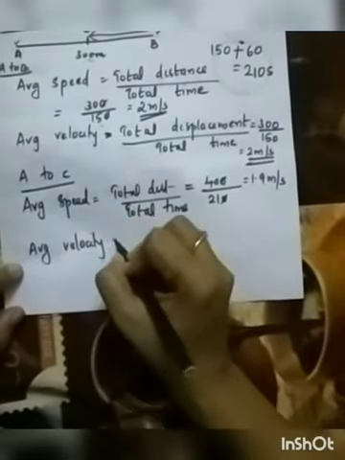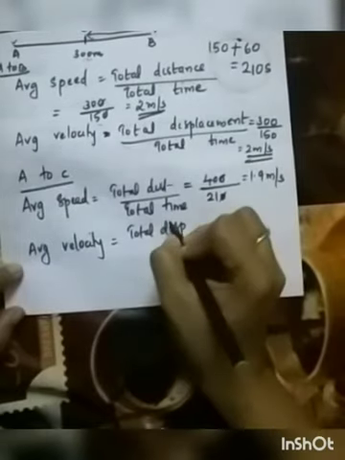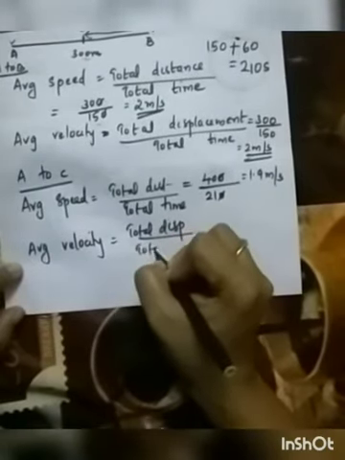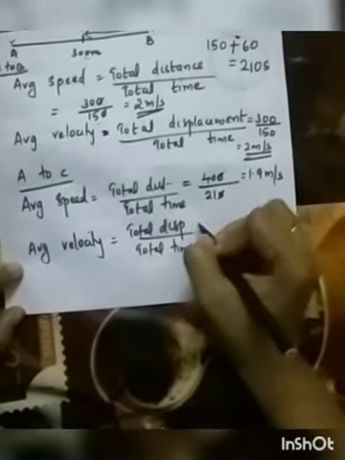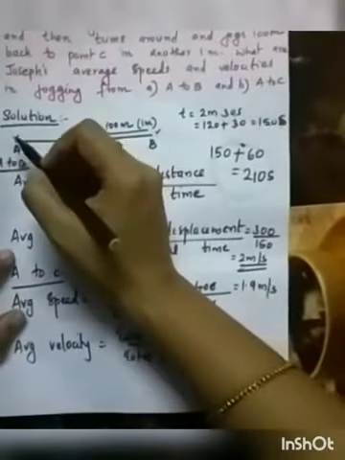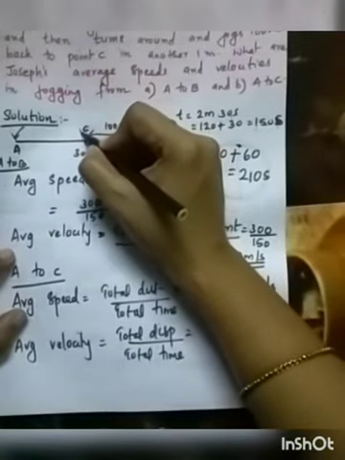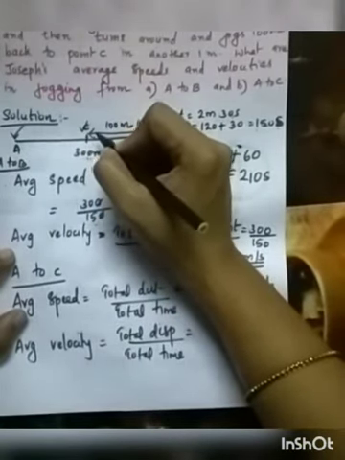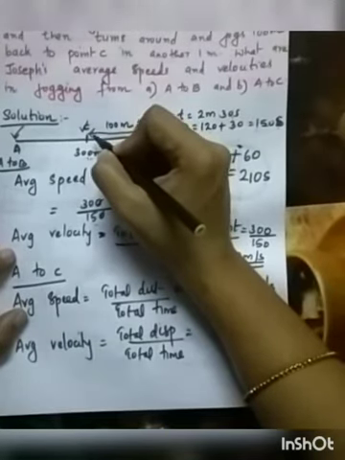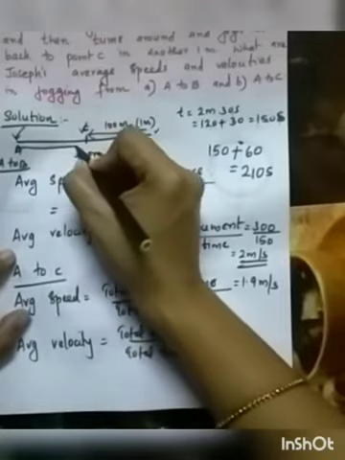Now find out average velocity. So what is the equation to find out average velocity? Total displacement by total time. Right? Now in this journey, what is the total displacement? See, what is the initial point? A. And which is the final point? C. Because finally Joseph is at the point C. And what is the shortest distance between A and C?